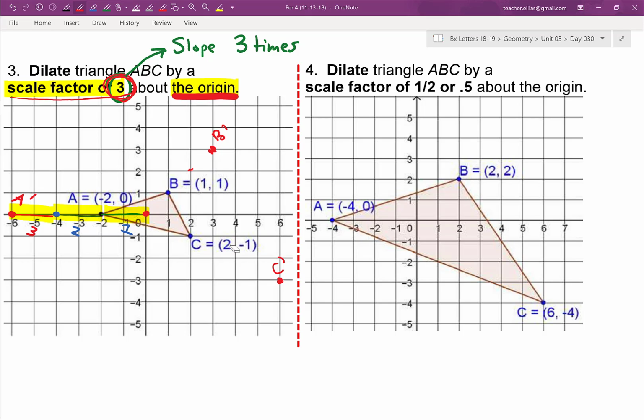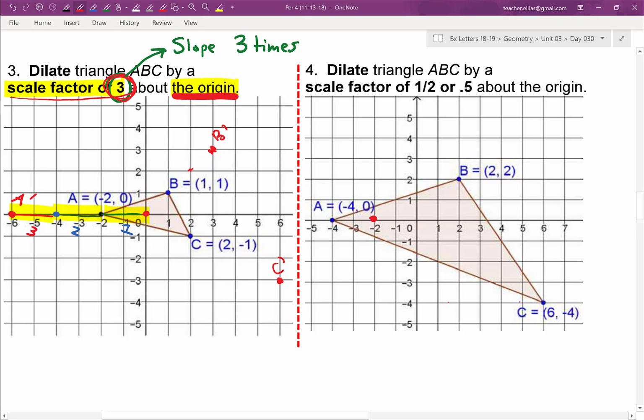Can you do this one on here and talk it out? I don't know how to do it. I just divided. So 1, 2, 3, 4. 1, 2, 3, 4, 5, 6.